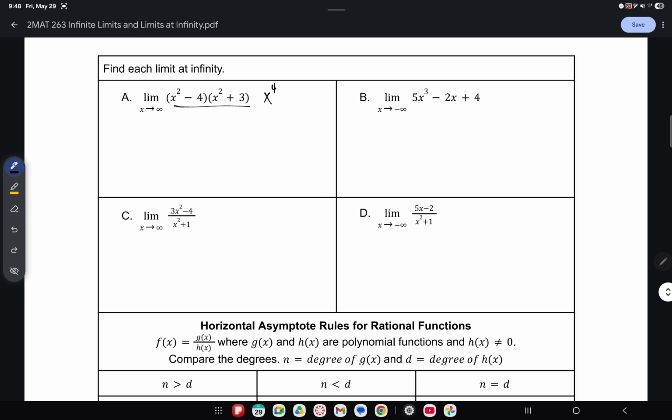Based off of pre-calc knowledge, we look at the leading term. We're going to look something like this, where we're going off to the infinities in both directions. So as x goes to positive infinity, the function is also going to positive infinity.